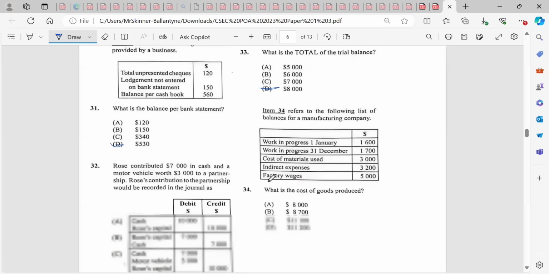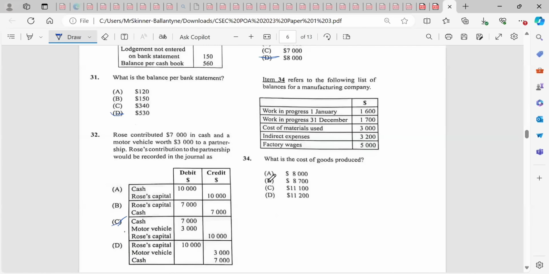Number 34, they want to know the cost of goods produced. So that is your direct cost plus the indirect cost plus the opening work in progress minus the closing work in progress, which is the entire manufacturing account, by the way. Your direct cost will be your factory wages and cost of materials used, 8,000.